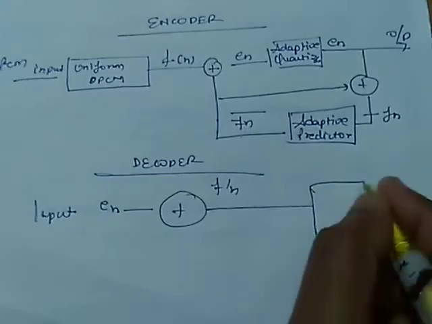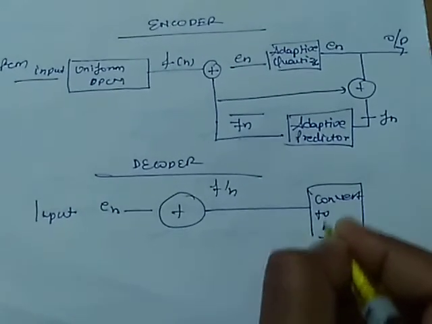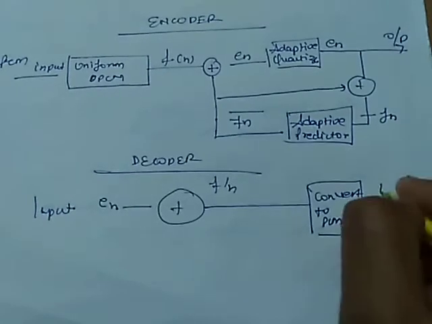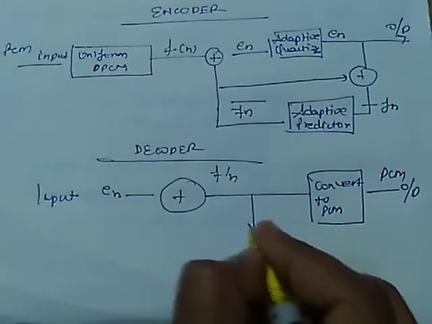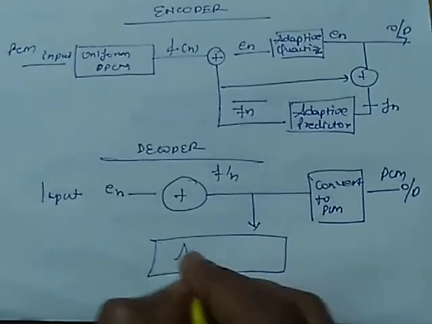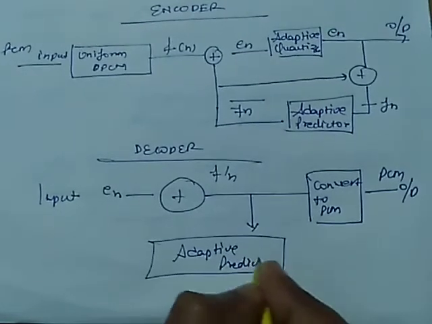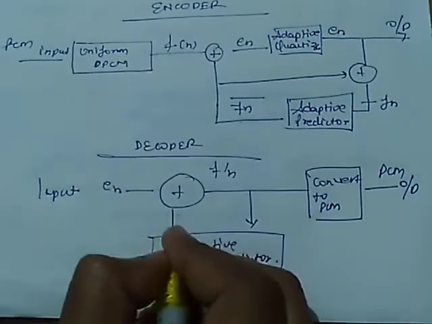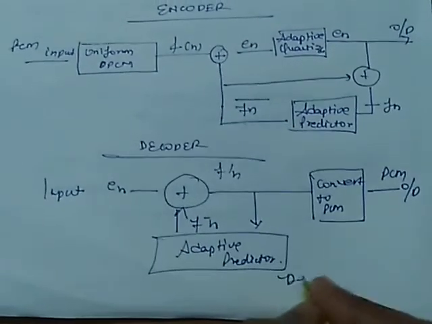Now we have to convert to PCM, pulse code modulation, that is the PCM output. For this we have the adaptive predictor, so this is f dash n, this is the decoder part.